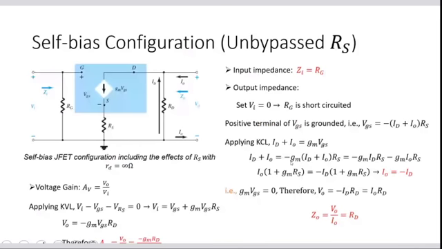So naturally, the voltage gain of the self-bias configuration circuit where RS is unbypassed is lesser when compared with the self-bias configuration where RS is bypassed. This is the little inference that we make from this derivation. Okay, fine.